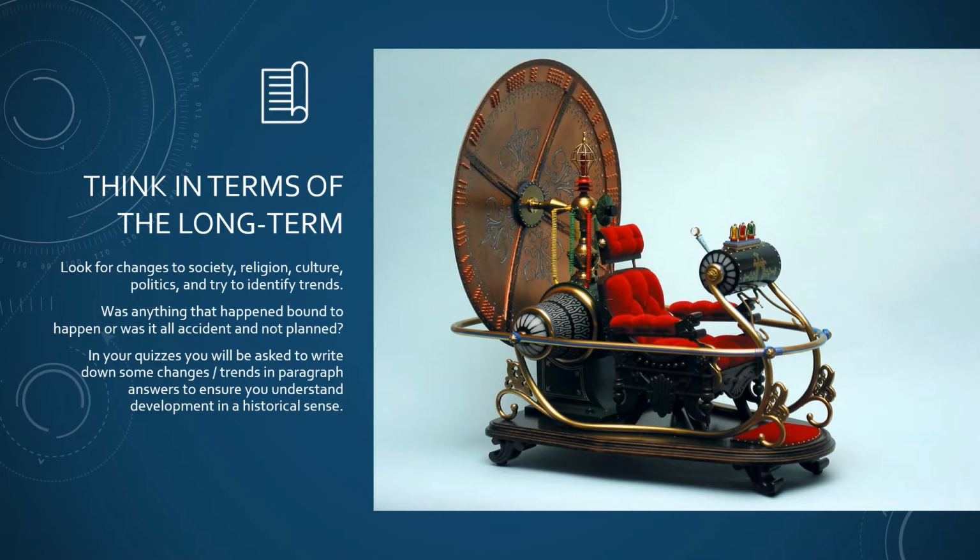Some questions you should be asking also: was anything that happened bound to happen? Or was it all accident and not planned? Is history determined, or is it undetermined? Is it just a series of accidents and incidents that push things along?